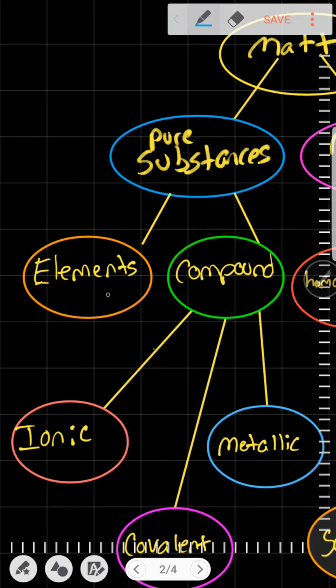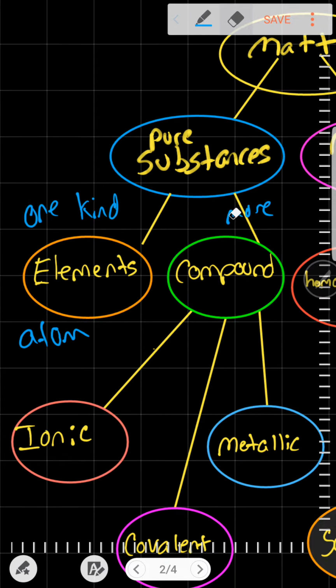If it's only one kind of atom throughout, it's going to be an element. If there's two or more that are chemically bonded and they are the same throughout, it's going to be a compound. I hope that makes sense as far as a pure substance goes.